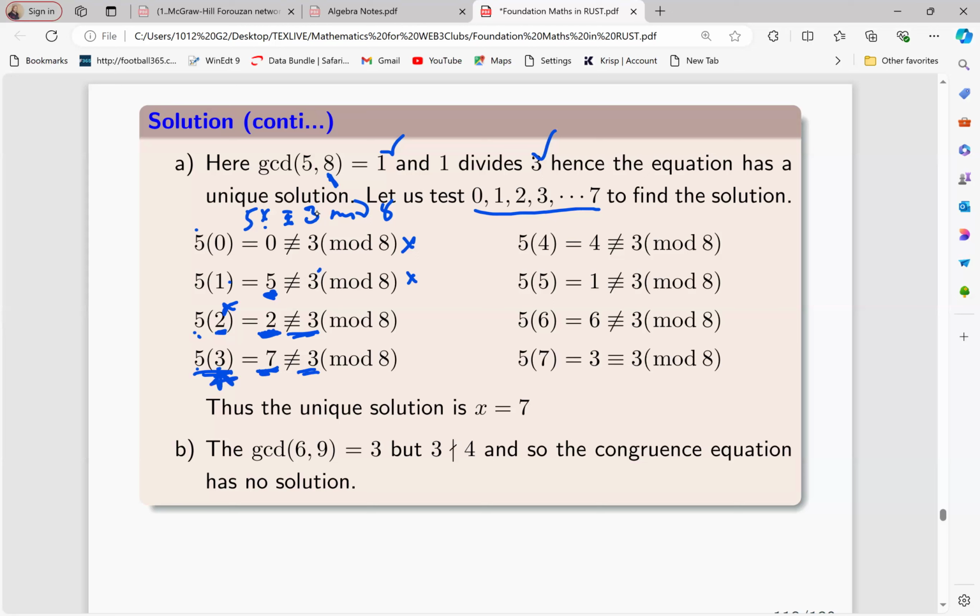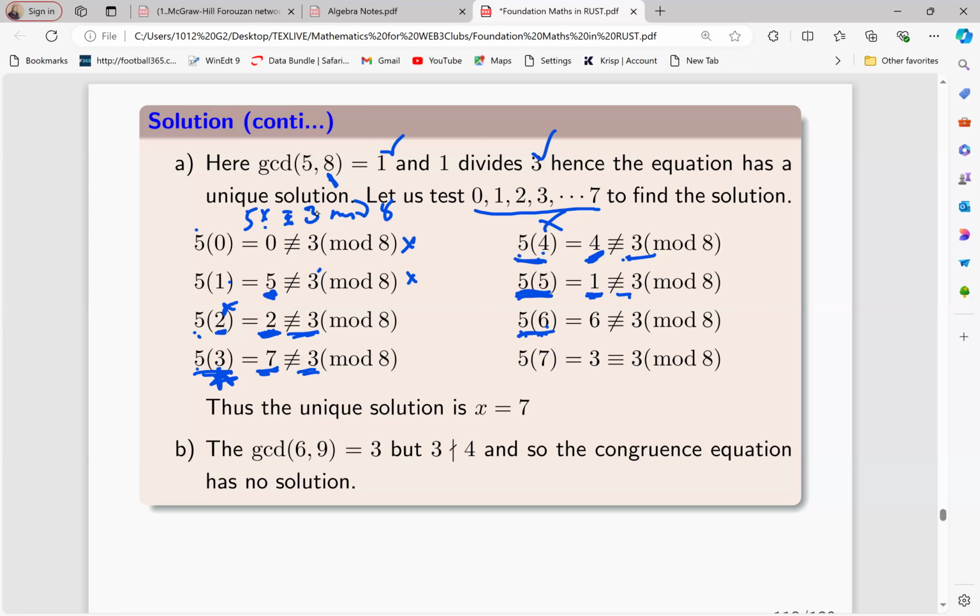So we're just using trial. What about 4? This will be 20 mod 8. Take 16 from 20, the remainder will be 4. That is not 3. So therefore, 4 is not a solution. For 5, this will be 25. Mod 8, that will be 1. In other words, 8 into 25, the remainder will be 1. That is not 3. The same for 6. This will be 30.